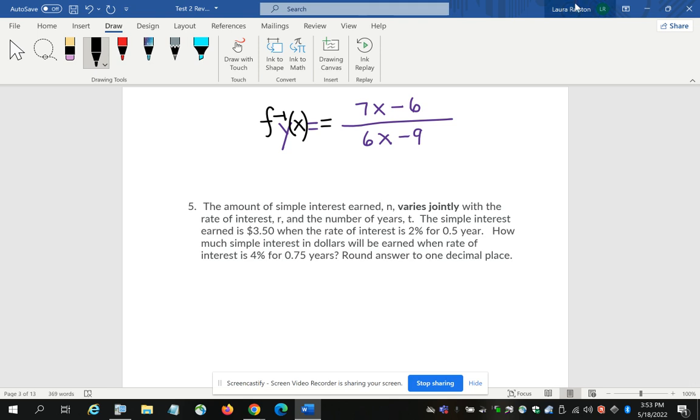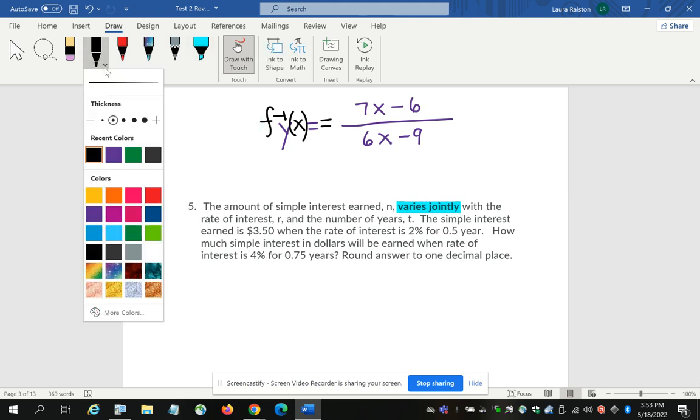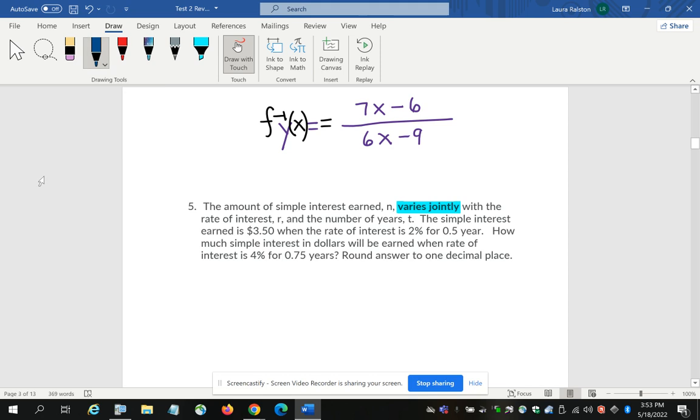A couple of things here. First thing I notice is that the question says it varies jointly. Now remember, for this test, you are able to use your notes and that sort of thing. So you could go back and look up the formula, or the formula is at the beginning of the test.